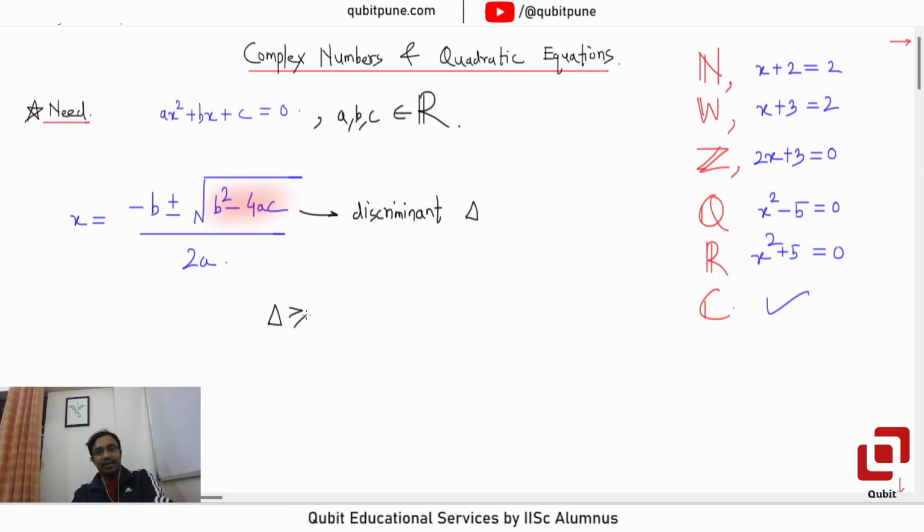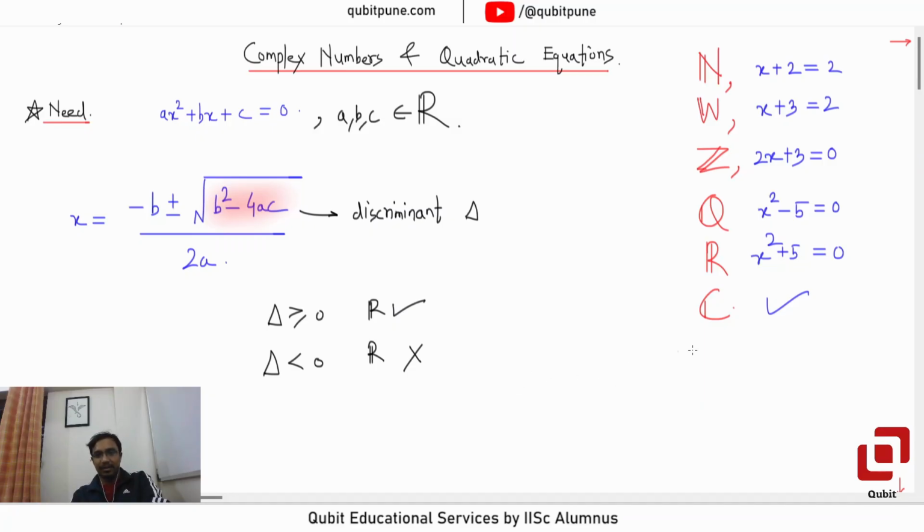When delta is greater than or equal to 0, the set of real numbers contains the solutions. But when delta is less than 0, the set of real numbers does not contain roots of that quadratic equation, and an example of that is x squared plus 5 equal to 0.